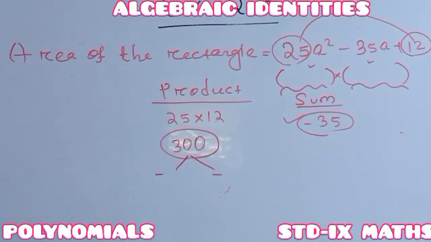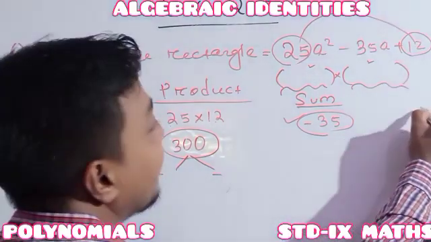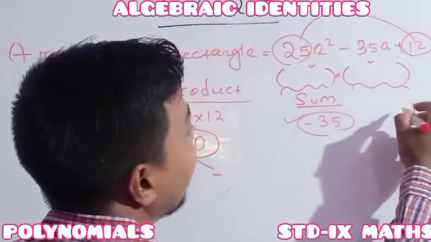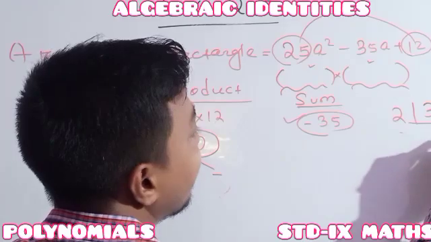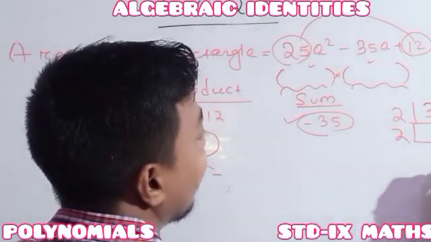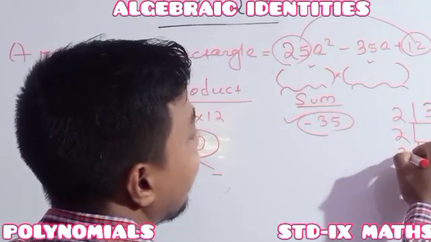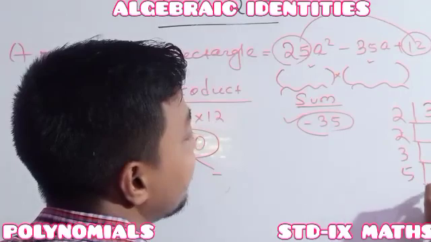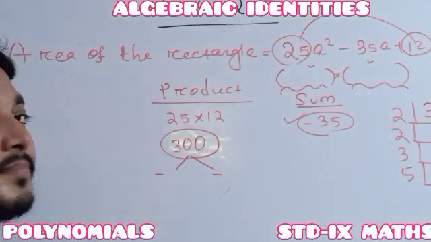See, 300 we have to split. The trick is to split 300 this way: 2, 150, 2, 75, 3, 25, 5, 5.